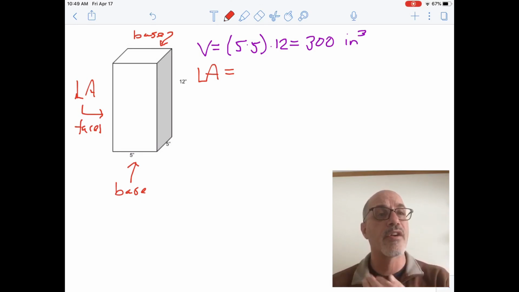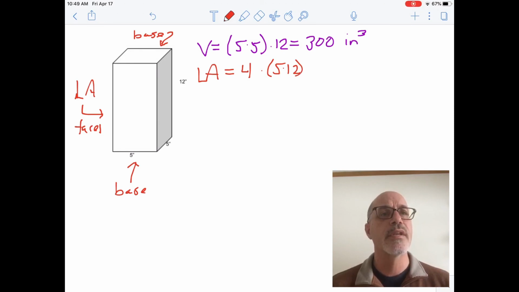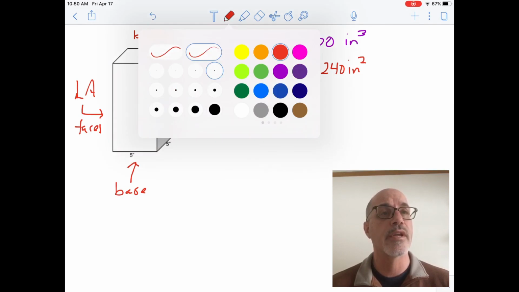So notice that there are 4 of them because we have a square on the top and bottom. So the lateral area is going to equal 4 times those rectangles, which is 5 times 12 for the dimensions of those rectangles. And we've got 4 of them. We multiply that out, so we get 240 square inches for the lateral area.